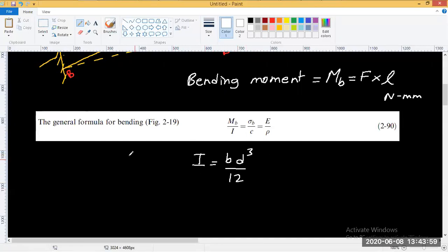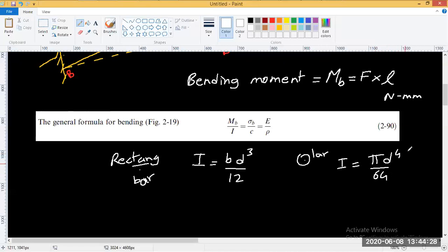For now, let's assume this rectangular bar, being applied a bending kind of load. Similarly, suppose it was circular, my I would be pi times d to the power 4 over 64. This also you can extract from the data handbook. I'll show you how.